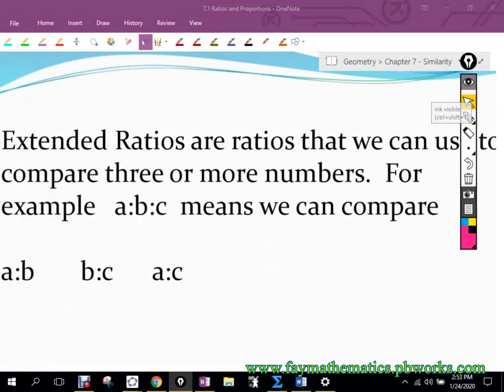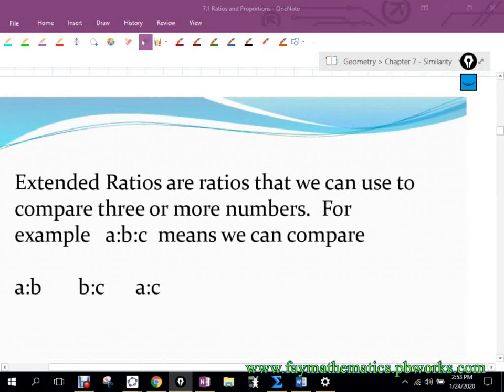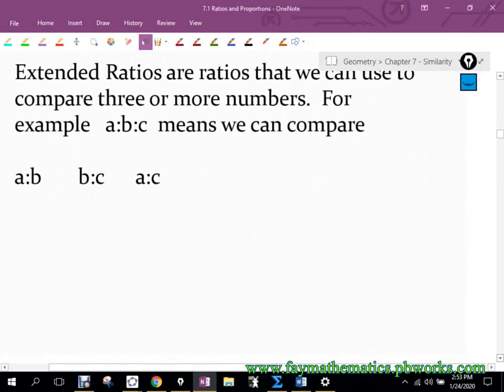All right, so this next concept is not extremely prevalent in a lot of things that we do beyond this section, but there have been questions on the in-course exam that ask about extended ratios, and it's just the ability to compare more than two things. I want to compare 3 things or 4 things or 5 things.